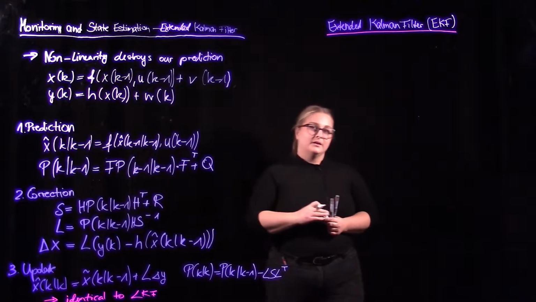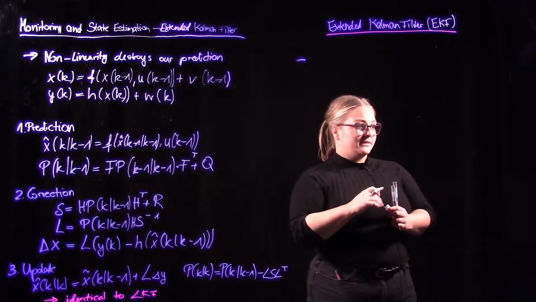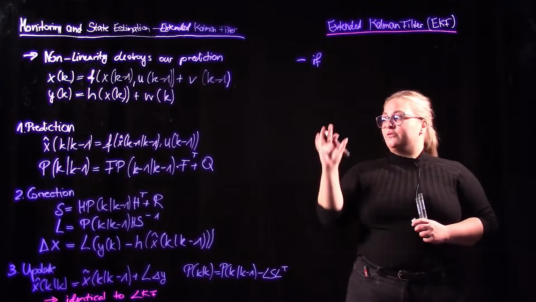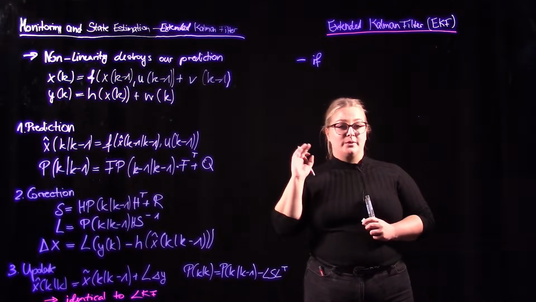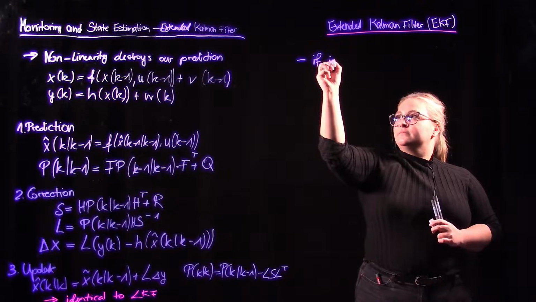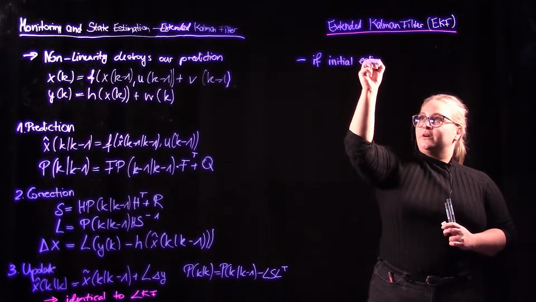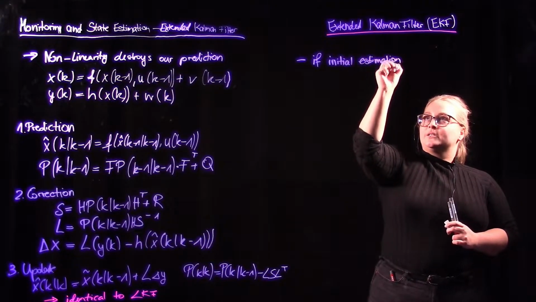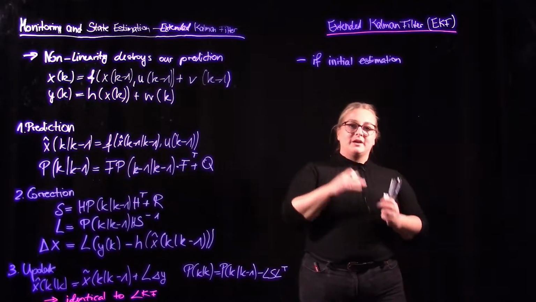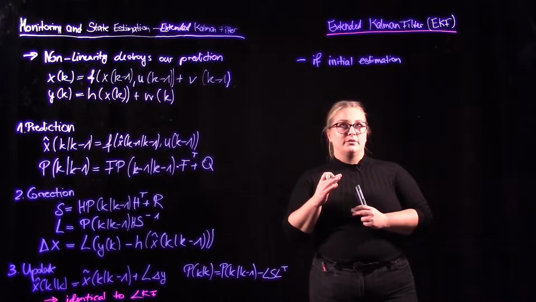So one thing that we need to pay attention to is that for our extended Kalman filter, if our initial estimation, so the very first estimation step we're taking, is way off, we do have the problem that with each step and each prediction, correction, update, we diverge even further from the correct prediction.